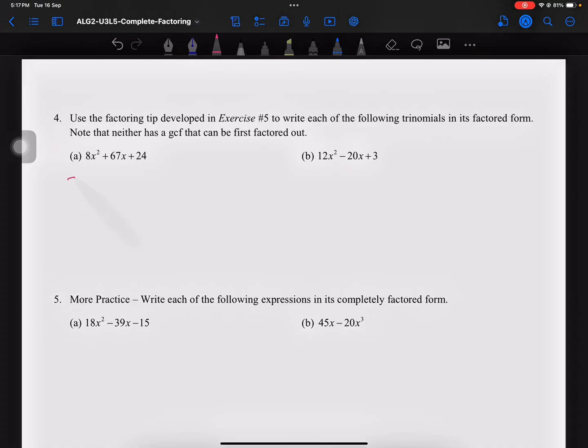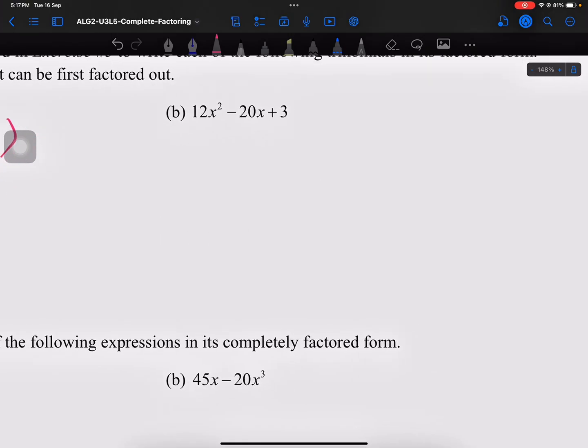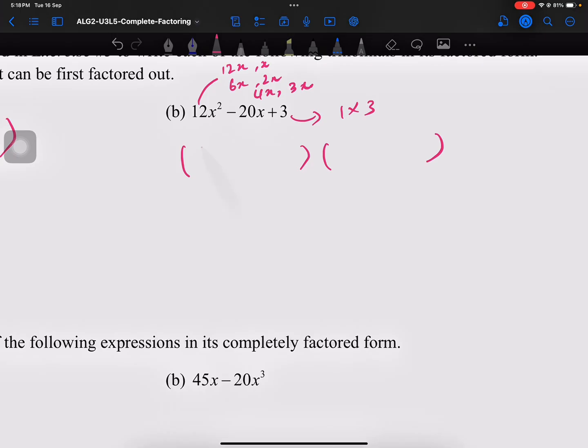So the answer should be 8x plus 3, x plus 8. Move on to B. We know that 12x can multiply x to become 12x squared, or 6x multiply 2x, or 4x multiply 3x. For 3, we can only put 1 times 3. Okay, we try to put 6x and 2x.